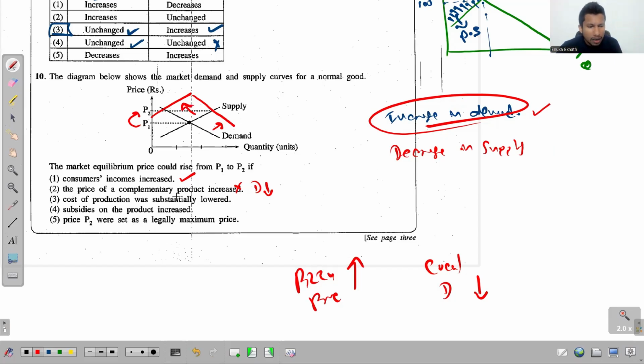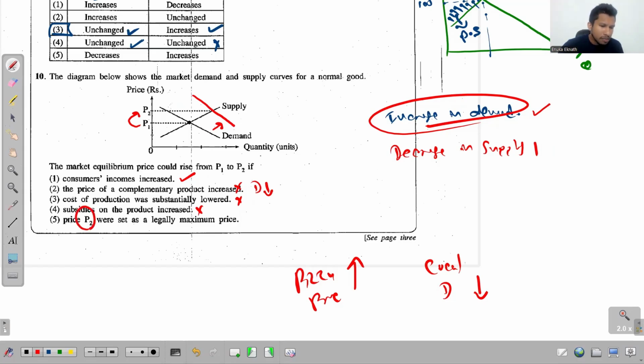But as a result of the production cost being lower, the supply will increase. So this is not the answer there. Fourth one, subsidies on the product. If the government provides a subsidy to the producers, what will happen? The supply will again increase. But we need supply to decrease. So this is also not the answer.